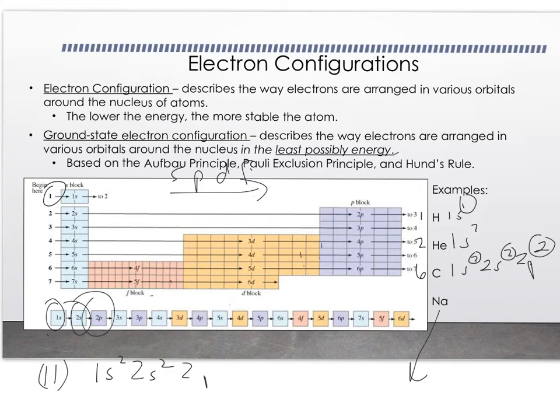Then I fill in my 2p orbital with 6 electrons, so now I have 6, 7, 8, 9, 10 electrons, and I need 1 more, so I fill in my 3s with 1 electron. Hence, I have a total of 11 electrons in my electron configuration. So this is just explaining where the electrons are located, what energy level, and what orbital type we can locate them in, and this is all based on the Schrodinger quantum mechanical model.